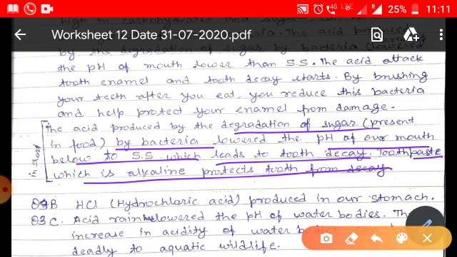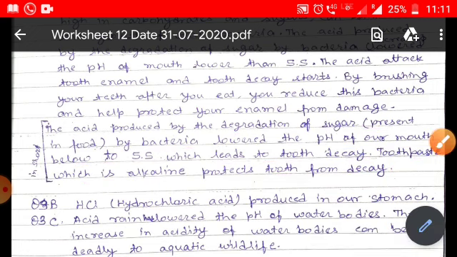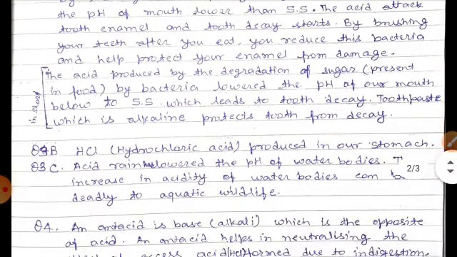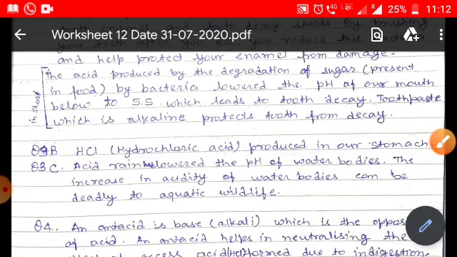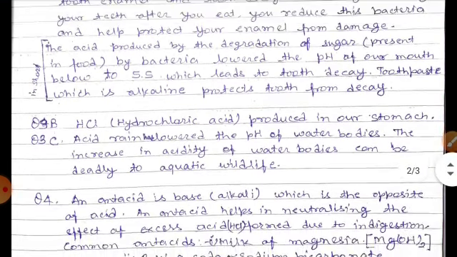Here is the third B question: which acid is produced in the stomach? The HCl is produced in the stomach. Again, third C, acid rain. What is the effect of acid rain on aquatic wildlife?